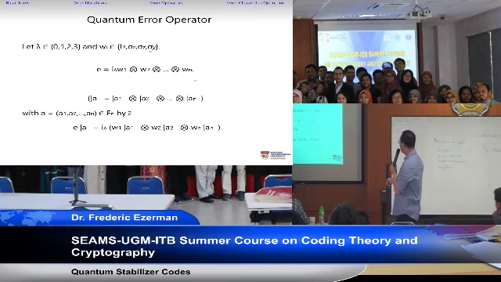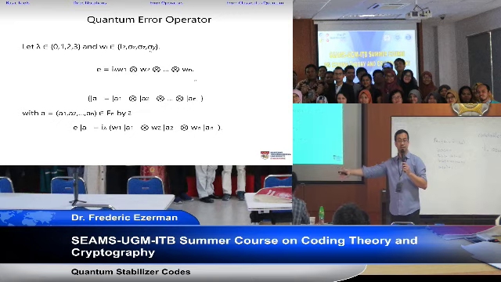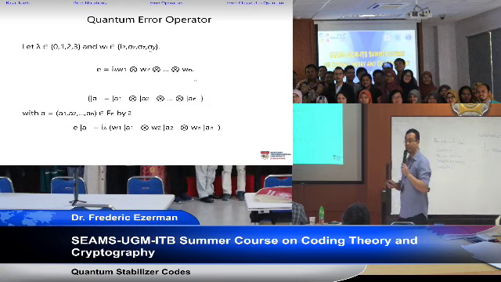We can split it by looking at the effect of the error on every basis element. Because the state is a linear combination, if you look at the effect of the error on each basis element, you know how it acts on an arbitrary state. Very nice, right? So think of it that way.